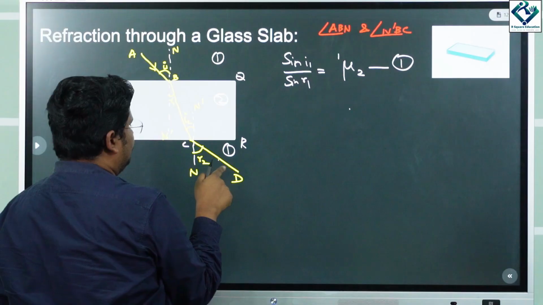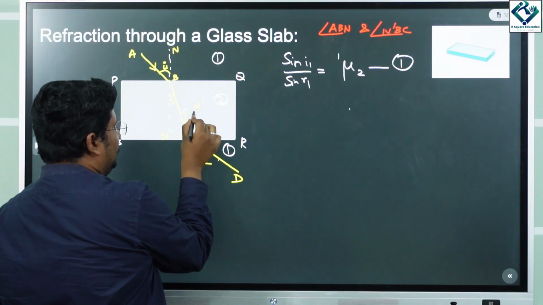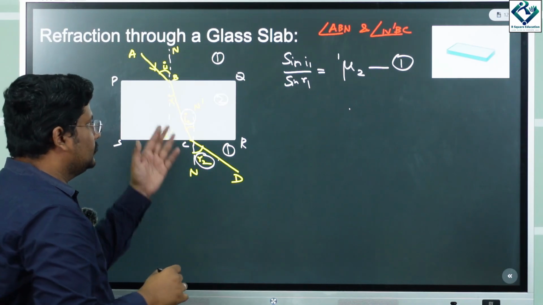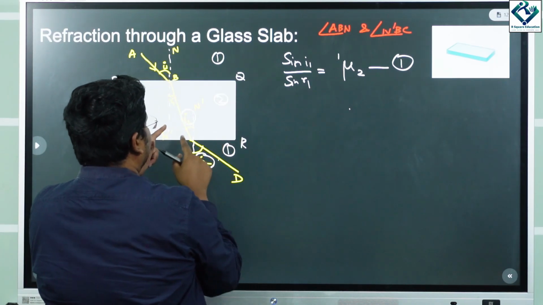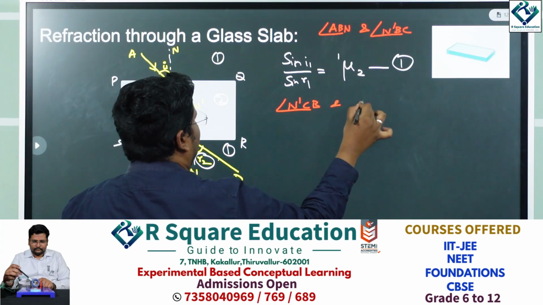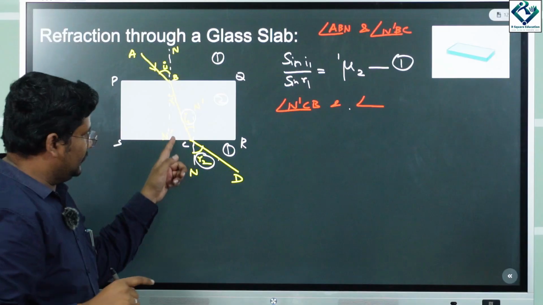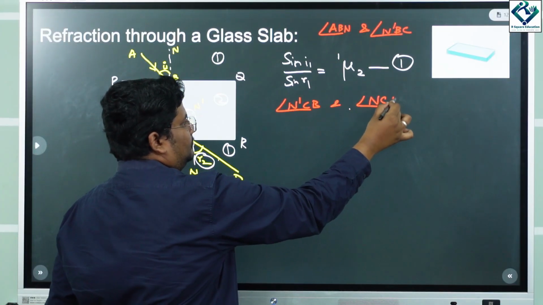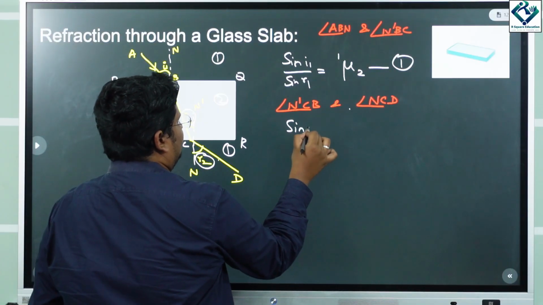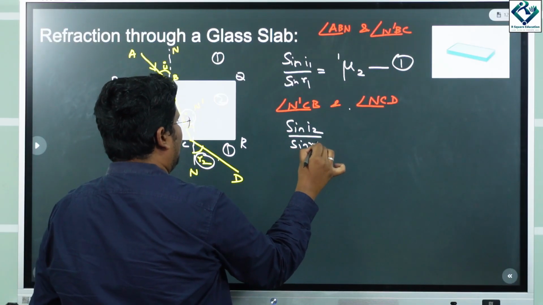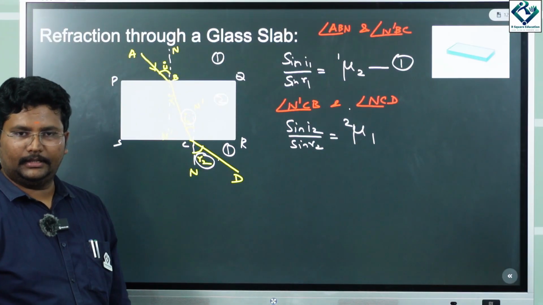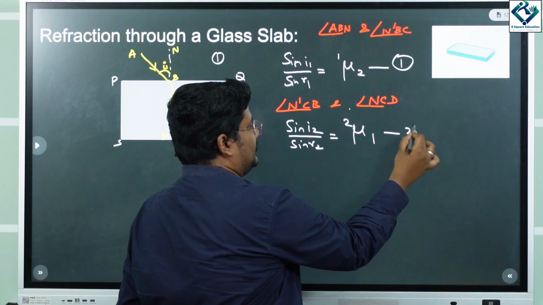Coming to the second part, this is now the angle of incidence and this is the angle of refraction, taking angles N dash CB and NCD. So sin I2 divided by sin R2 is equal to mu21. This is the second equation.